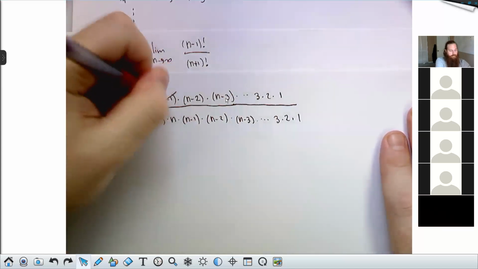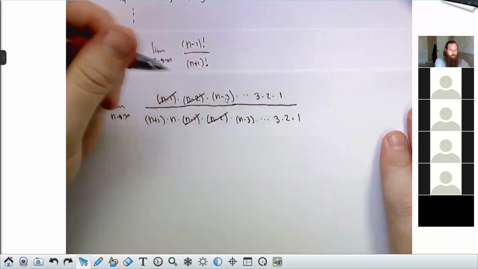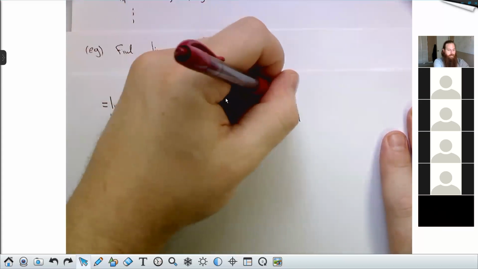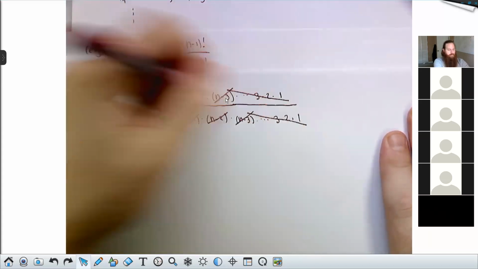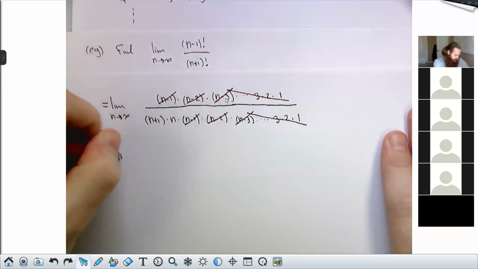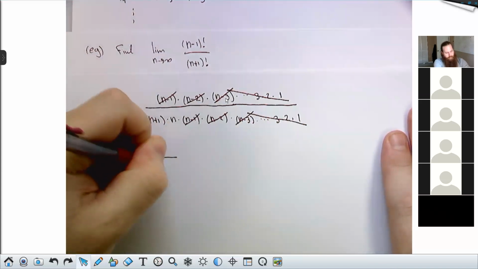So there's a lot of cancellation here. And all the stuff in these ellipses cancel. So here we would be left with limit n to infinity 1 over n plus 1 times n.